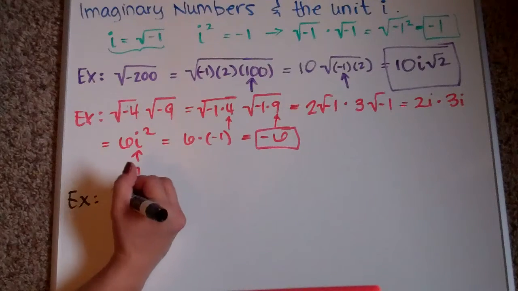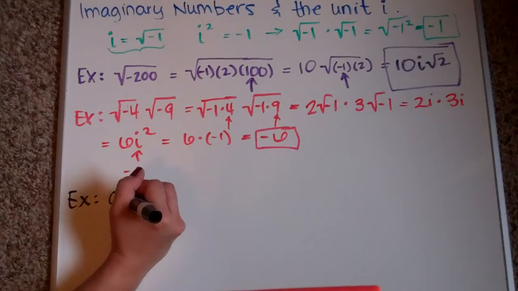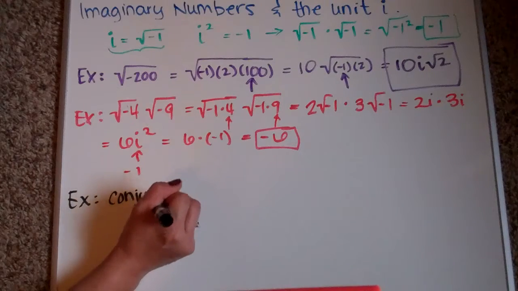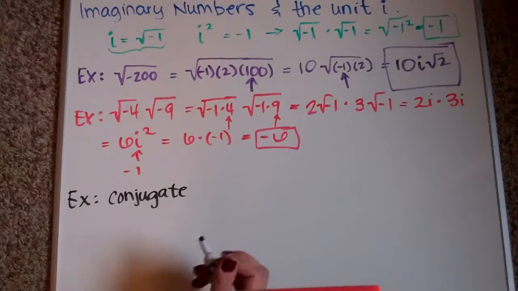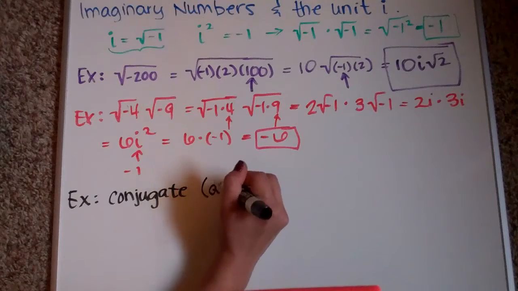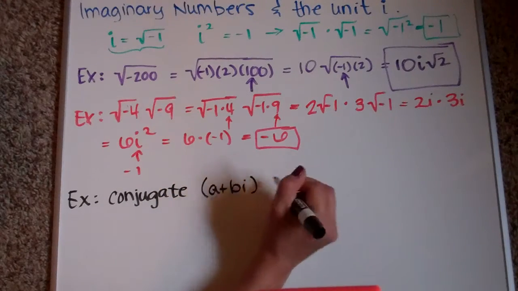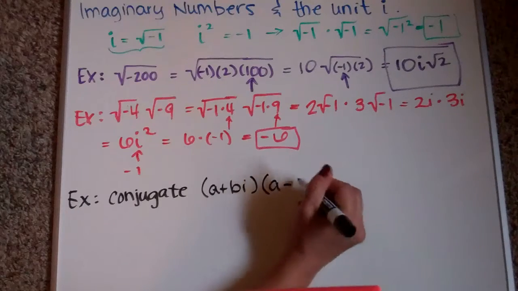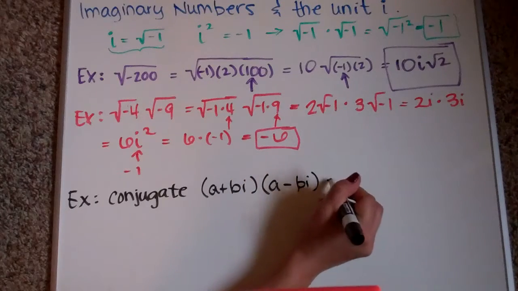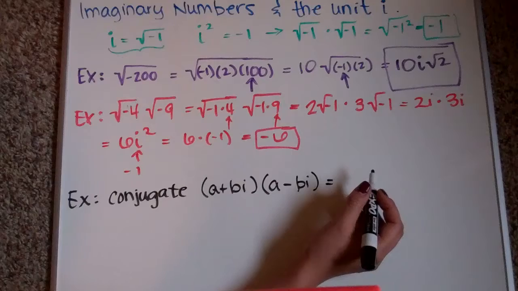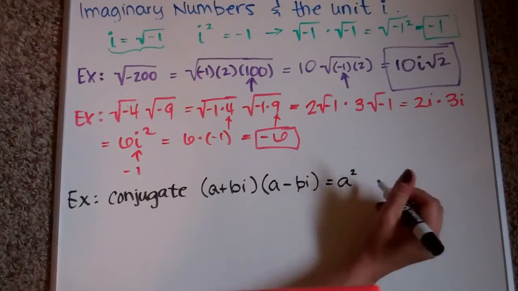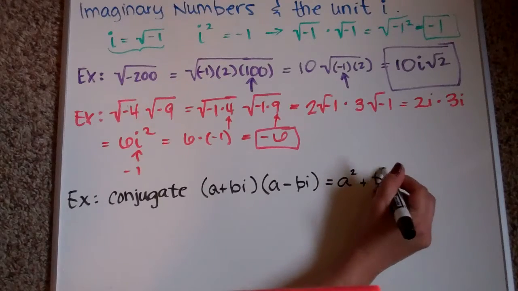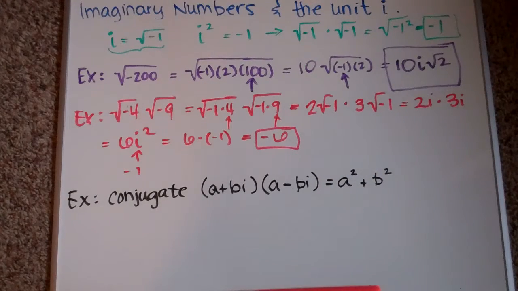So we said that a conjugate in the form of a plus bi times a minus bi is going to give us an end result of a squared plus b squared. So let's do an example and we'll see why that's true.